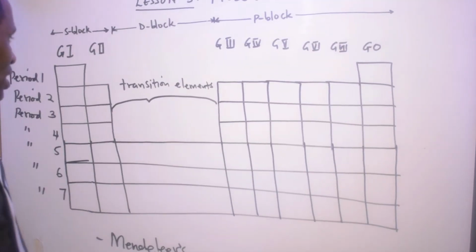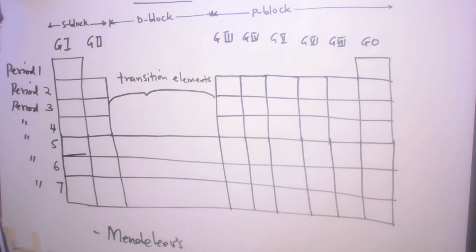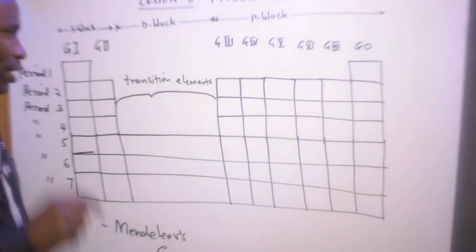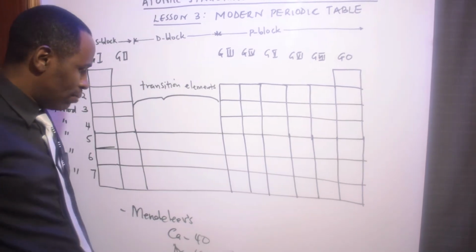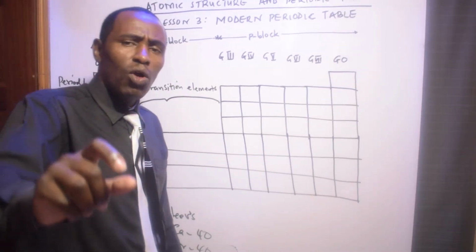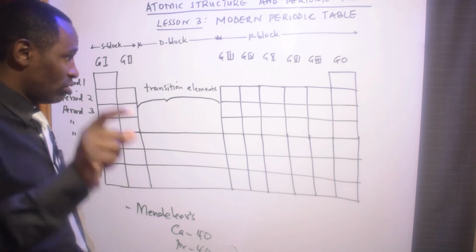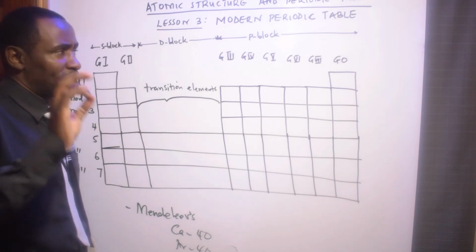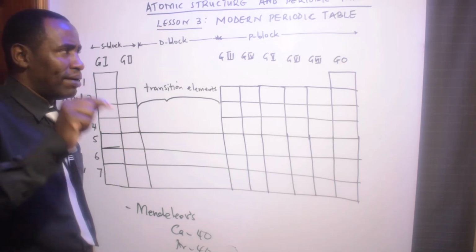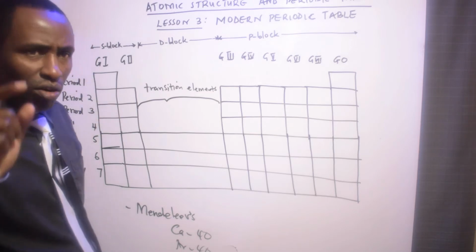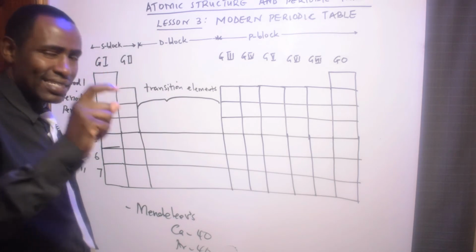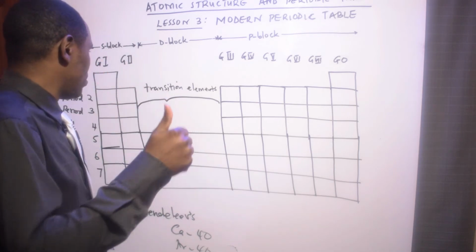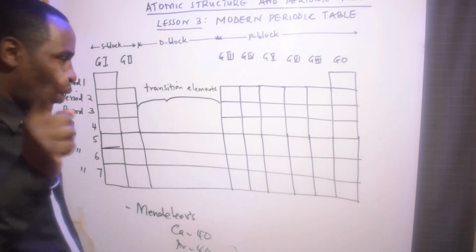I want us to place the first 20 elements, that is, the elements with atomic numbers 1 to 20. Don't forget, the atomic number refers to the number of protons in the nucleus of that particular atom. So, an element whose atomic number is 1 means its atom has 1 proton.